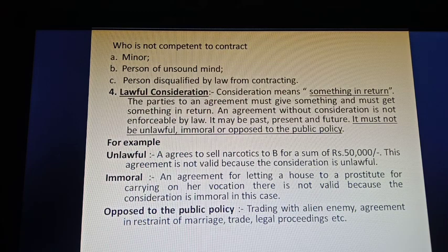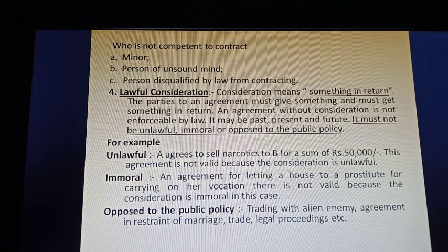The consideration may be past consideration, present consideration, and future consideration. All types of considerations are valid, but it must not be unlawful, immoral, or opposed to the public policy. Let us take examples when the consideration is unlawful, immoral, or opposed to the public policy.